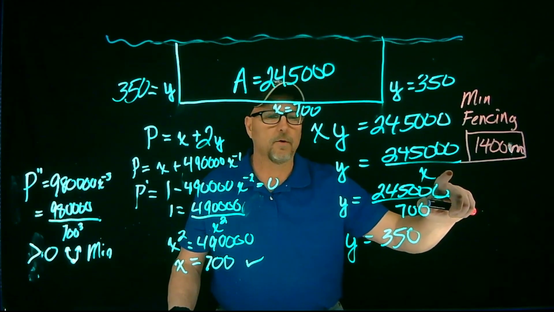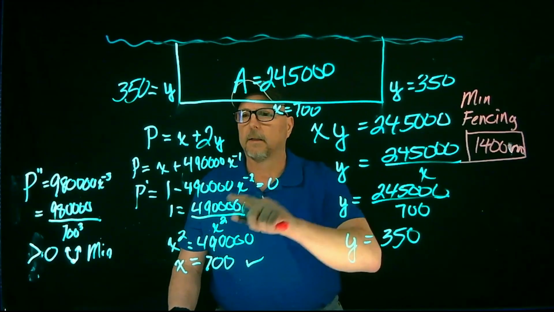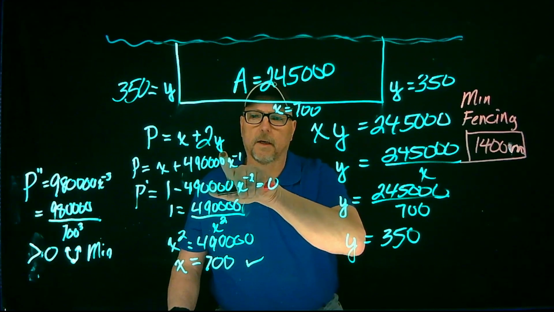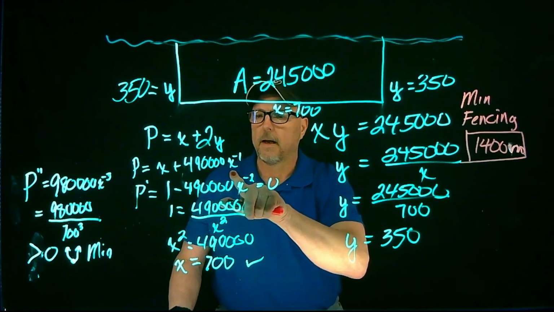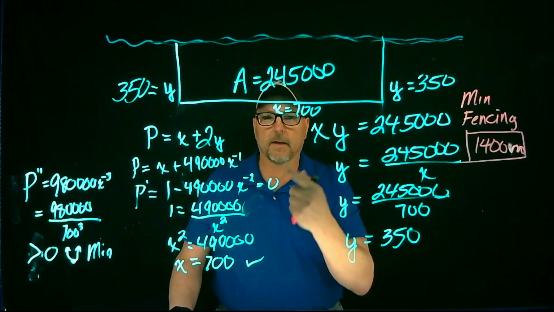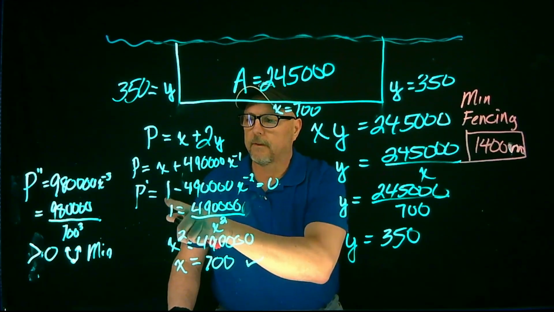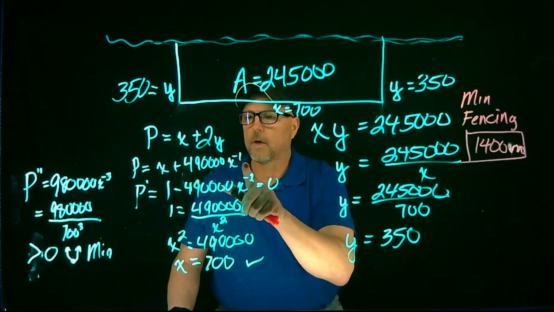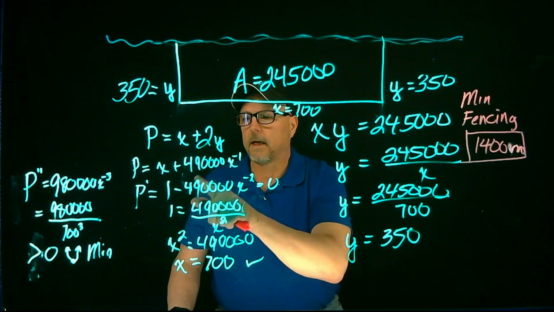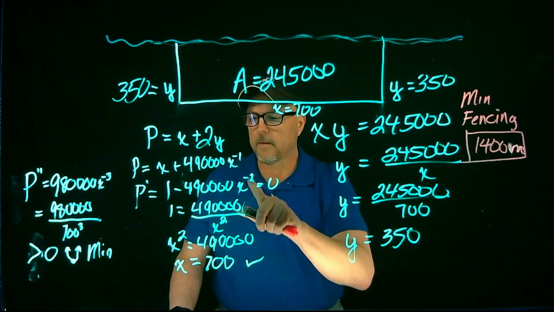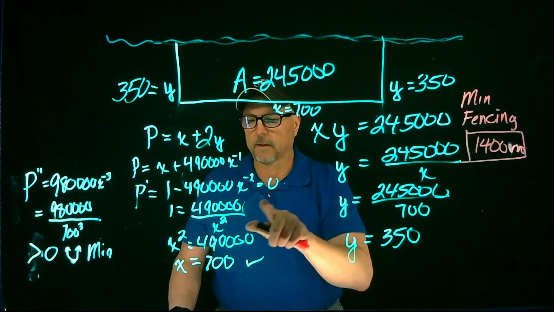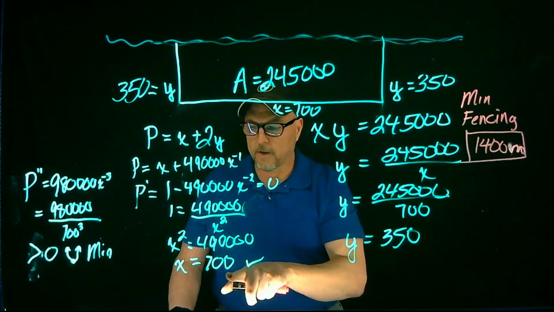Up here, 245,000 divided by x, substituted it in for y over here. When I multiply by 2, that's where the 490,000 came from. x to the negative 1 to make it easier to differentiate. Derivative of x is 1. Negative 1 times 490,000 is negative 490,000, and then we decrease the exponent by 1. Then I set it equal to 0, solve for x, I get 700.